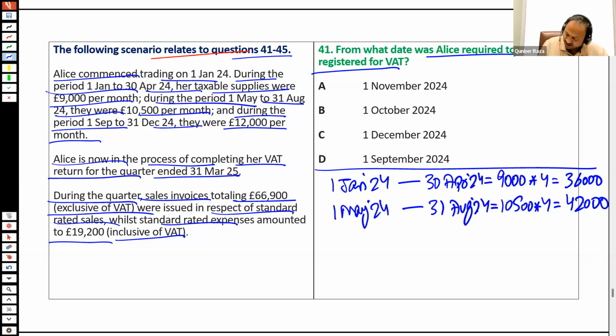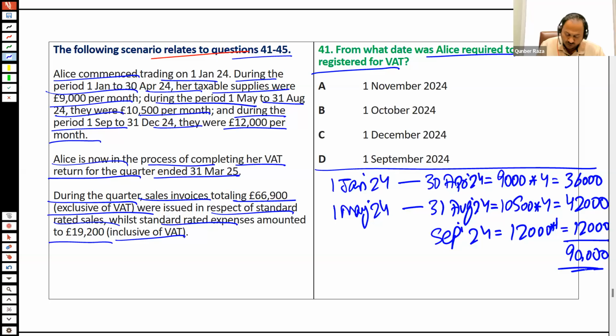We are good talking about 78, right? September 24th, for 12 months the turnover threshold was 90,000.